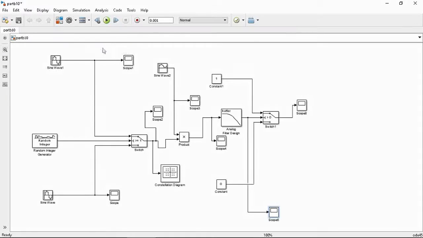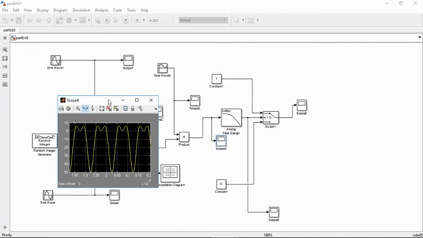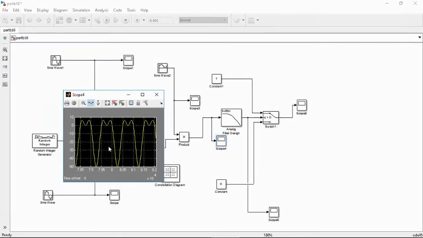As previously explained by my groupmate, he already obtained the graph for scope 4, which is called the demodulated BPSK. This is the graph that we obtained from scope 4.